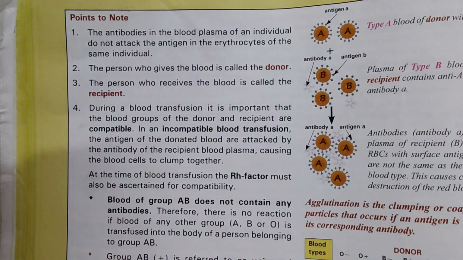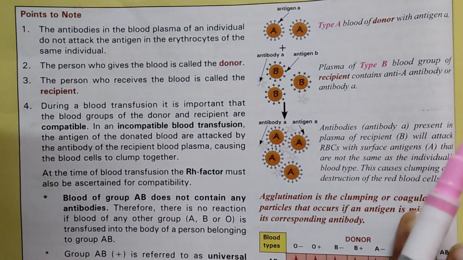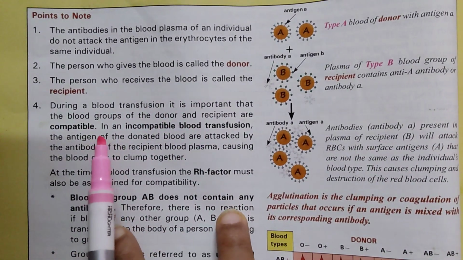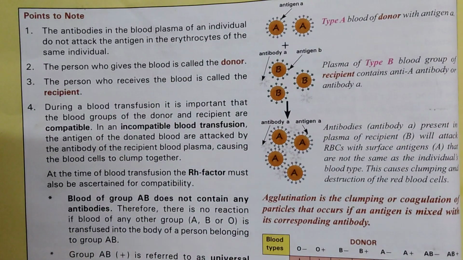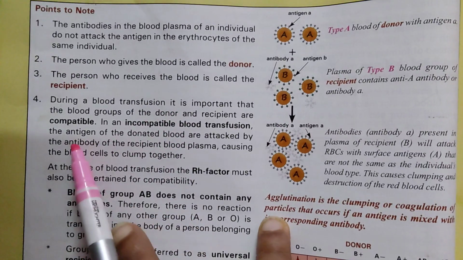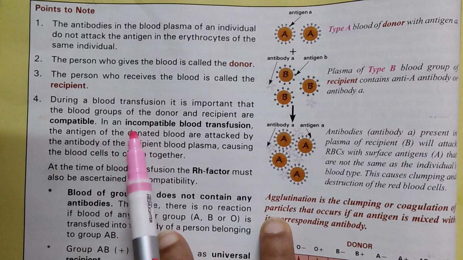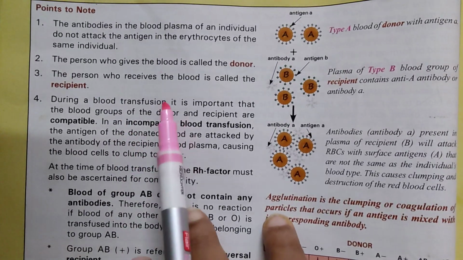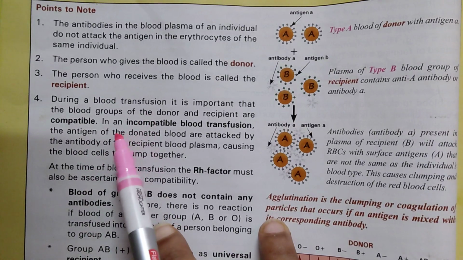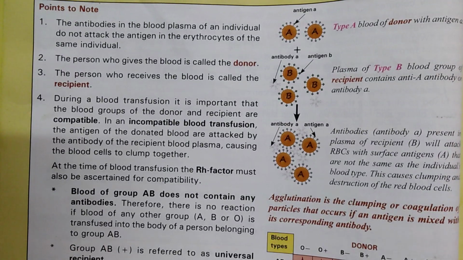Next, during a blood transfusion, it is important that the blood groups of the donor and the recipient are compatible. As we have seen earlier, there should be compatibility.